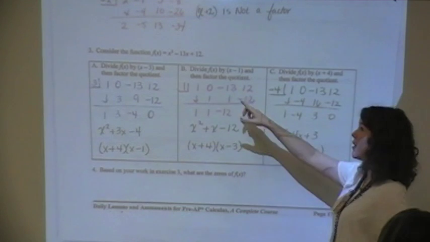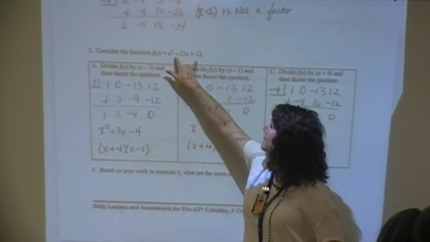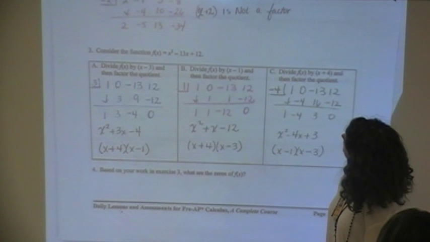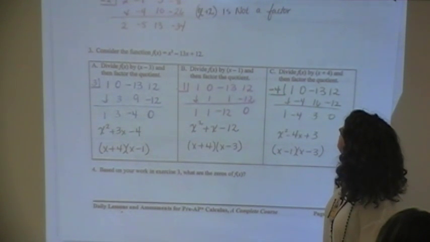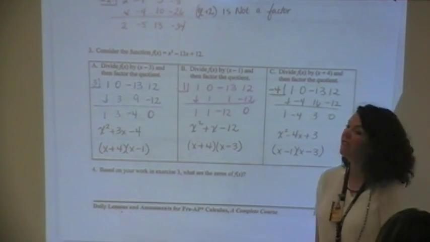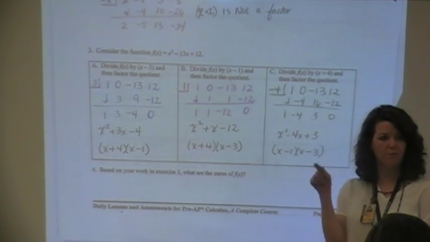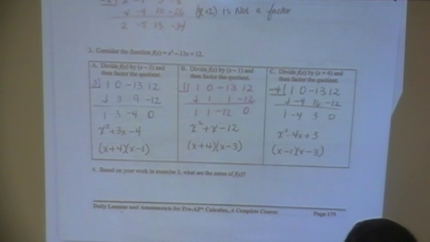Now, if we looked at this problem just like this, we can't factor it because it's x cubed. So it looks like it would factor as a regular, if it was x squared it would, but it's x cubed, so you can't factor it from the beginning.